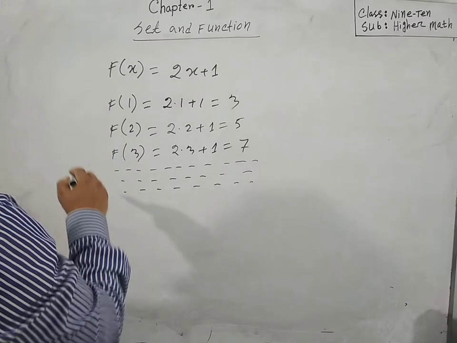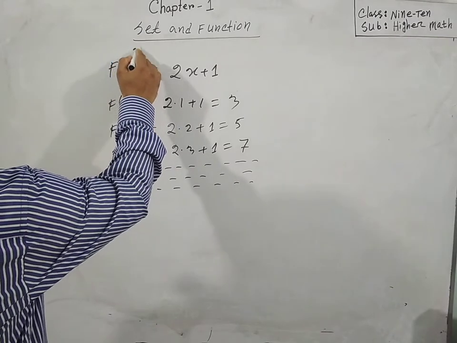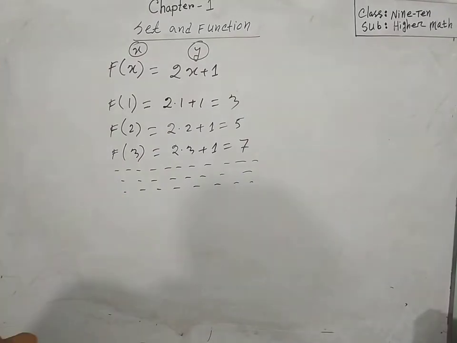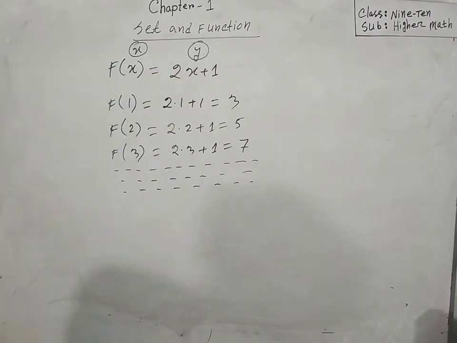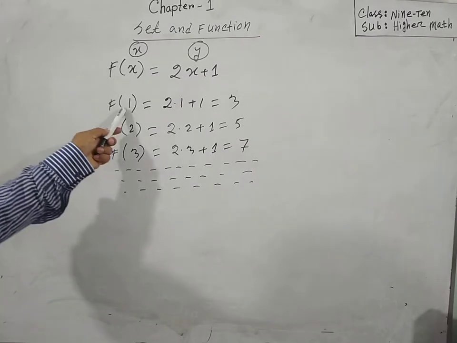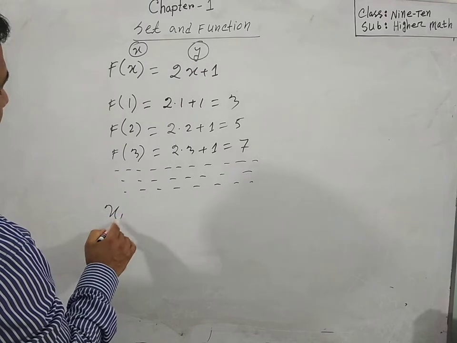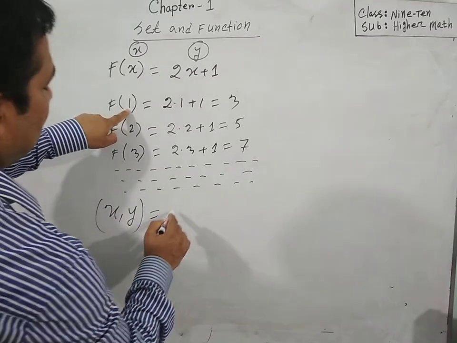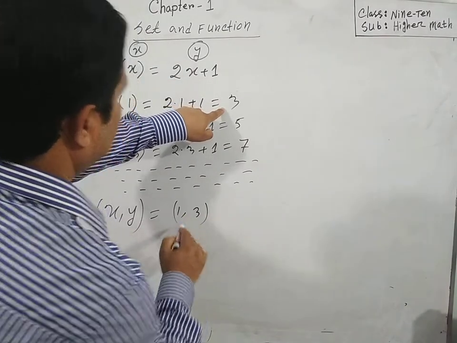So you can write, if we determine here f of x, this is x, this is the value of y, this is x input values, this is y output values. When the value of x is 1, then the value of y equals 3. So we can write x comma y. When x is 1, y equals 3.